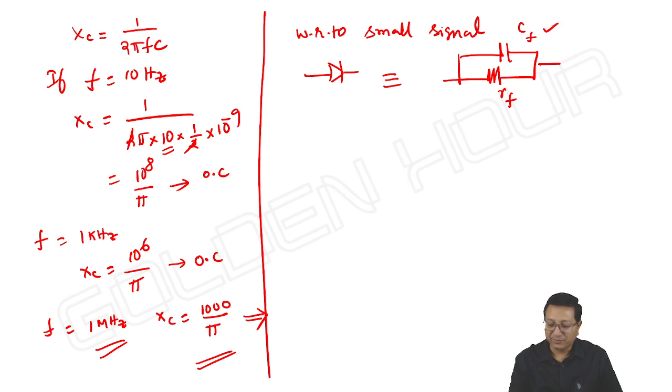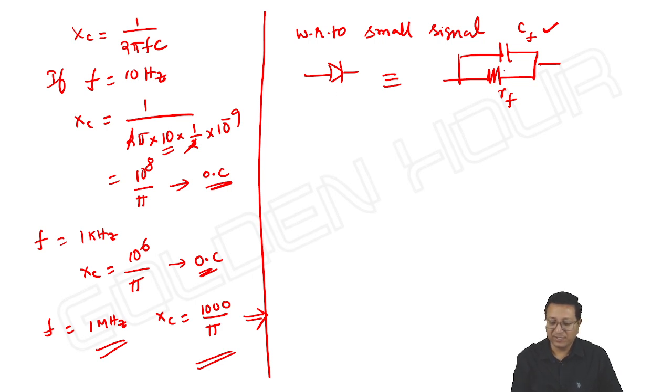Its effect CF is not considered so far because it almost acts as open circuit by default. But in this problem, the mega radian per second frequency is given so that the capacitor is not acting as open circuit. We need to consider the impedance offered by the capacitance into consideration.